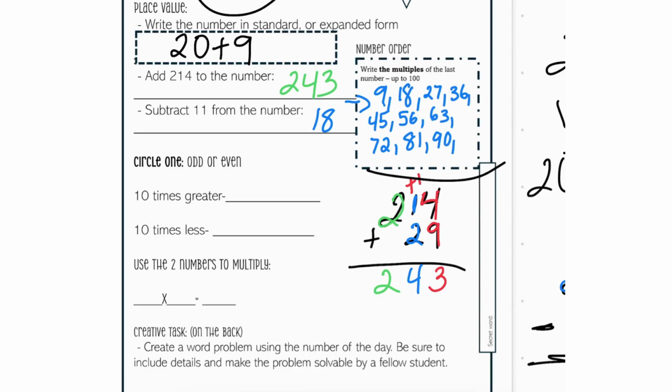And the final one, because we're only going up to 100, would be 9 times 11, which equals 99. So those are the multiples of 9 up to 100.